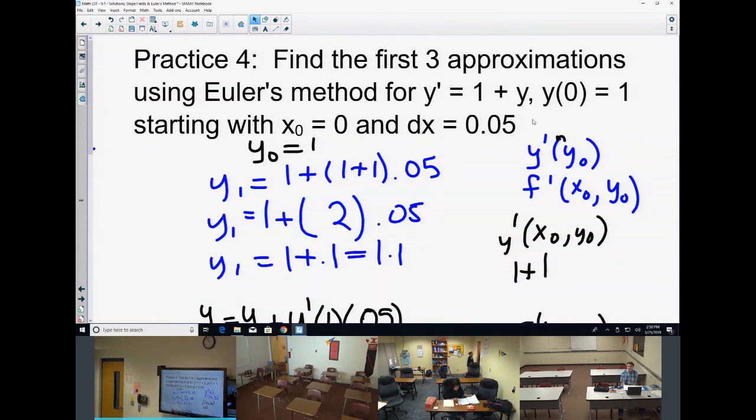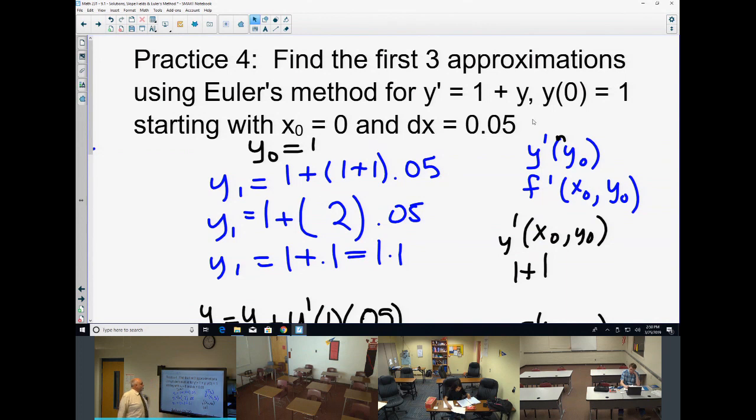Okay. So again, going back to 9.1, we were going over this last practice problem. I just want to make sure that we're good with this. We were talking about Euler's method of approximation, and it's very similar to Newton's method that we did last semester.